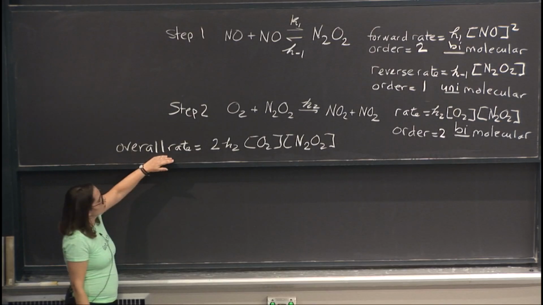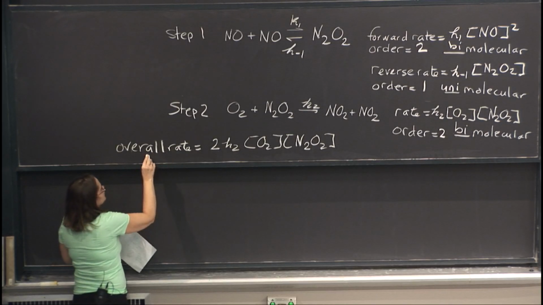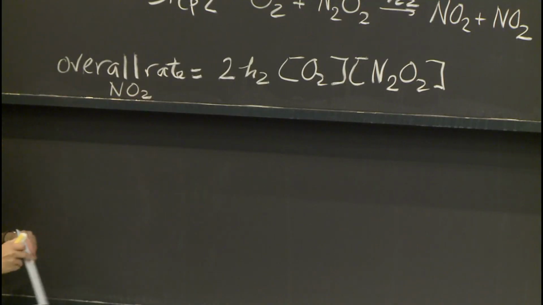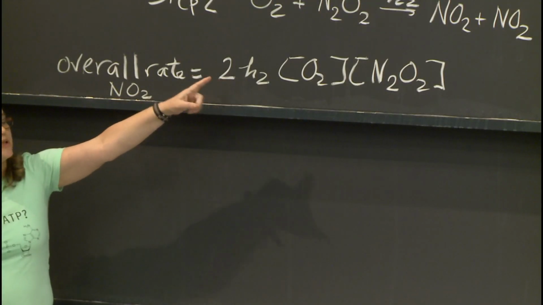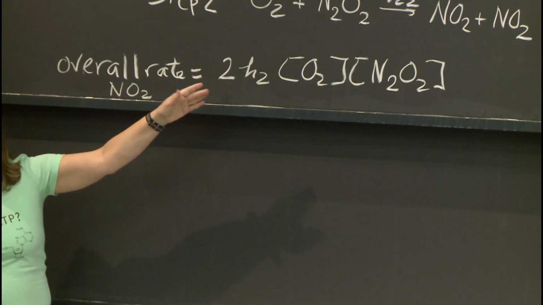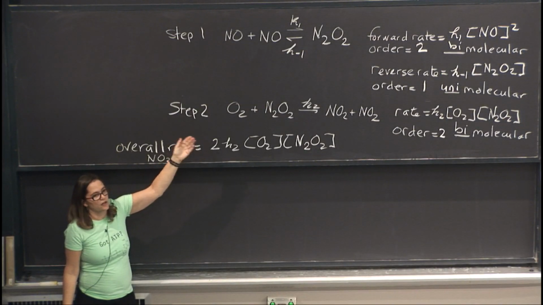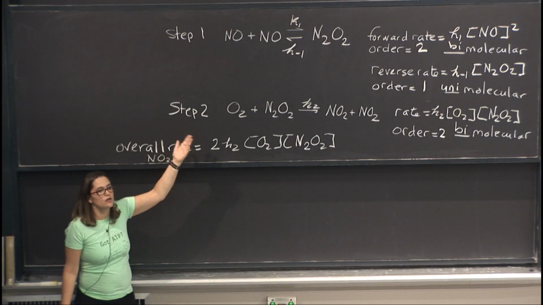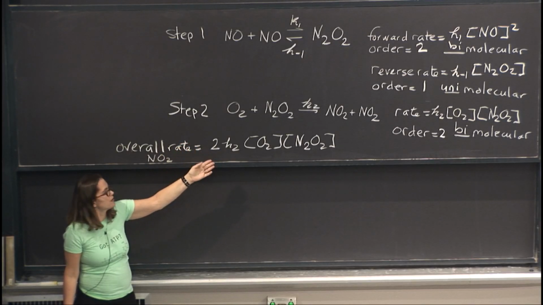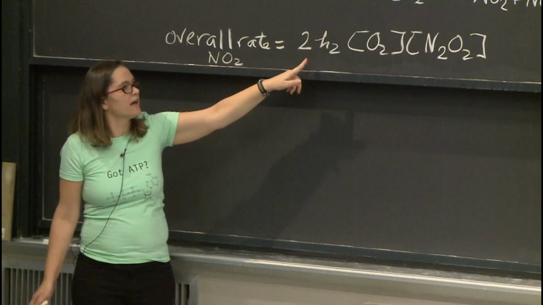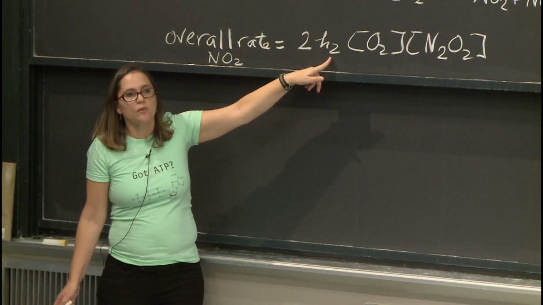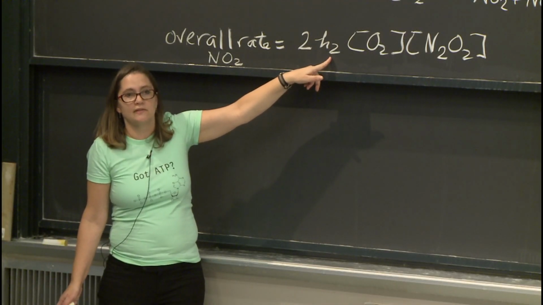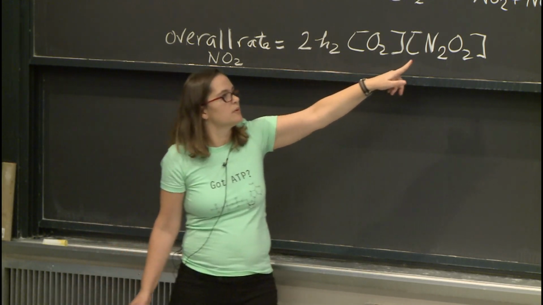So the overall rate of forming NO2 has the 2, because 2 moles are formed. As O2 and N2O2, our intermediate, disappear, NO2 is going to form twice as fast because there are 2 of them being formed. So we put a 2 in there. And then we just have the rate law for the last step, k2, O2, intermediate.